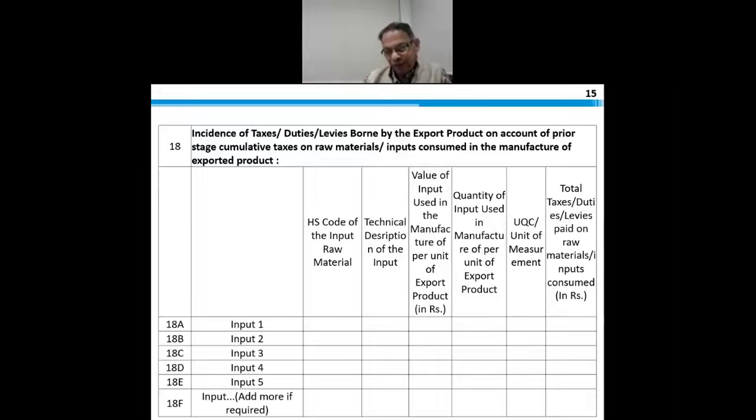Item wise. The first question is, prior stage manufacturer, is he prepared to give you these details? If not, how will you calculate? If your product is consisting of 10 different items, how do you calculate? Big question mark. Government wants these details because they want to prove to the rest of the world that this is actual neutralization of taxes.